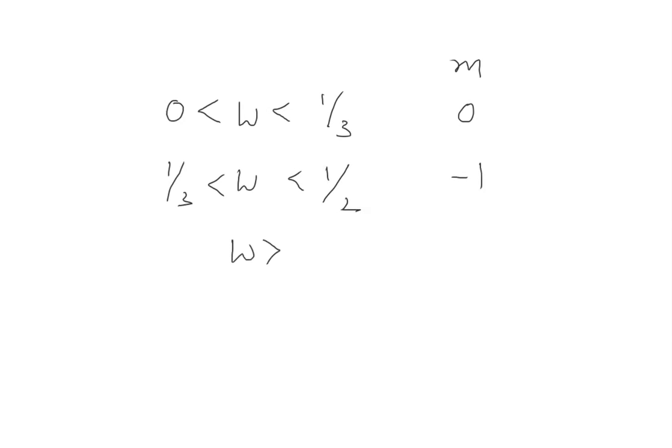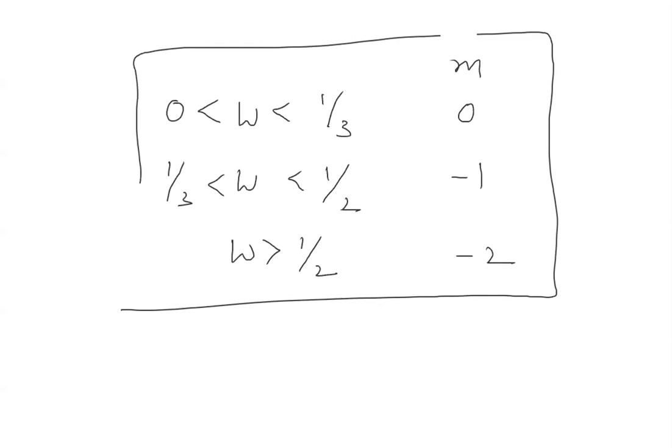Omega greater than 1 by 2, slope is minus 2. So these are GATE questions. He will give the range of omega and ask for the slopes. It is nothing but addition of slopes.